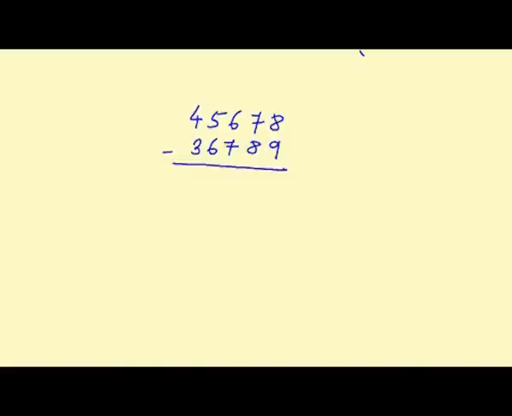Though the main sum is this, it is actually a combination of individual subtractions like 4 minus 3, 5 minus 6, 6 minus 7, 7 minus 8 and 8 minus 9 respectively from left to right. In each of these individual subtractions, whenever the top number is bigger than the bottom number, we consider it a simple subtraction. In other cases, if the top number is smaller than the bottom number, we consider it a complex one.